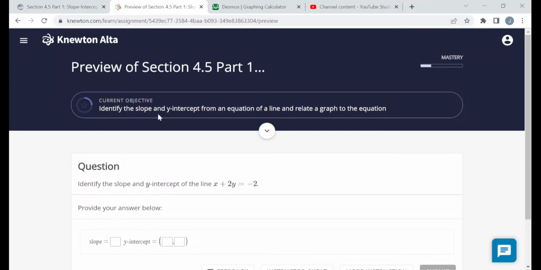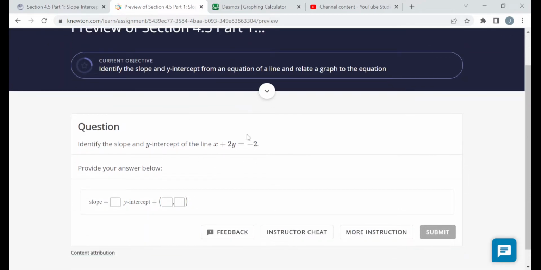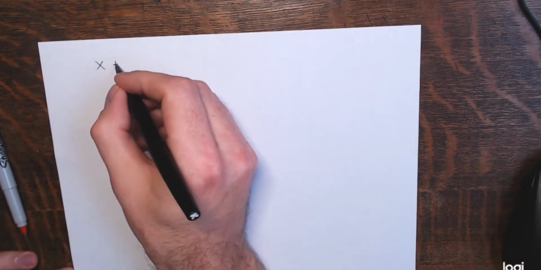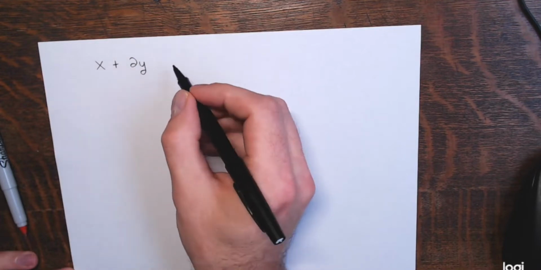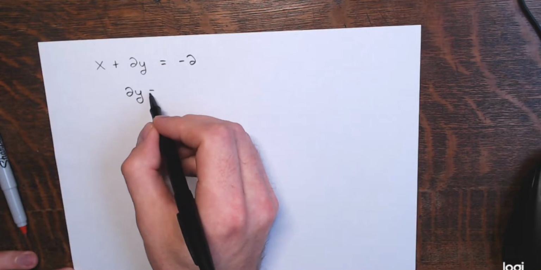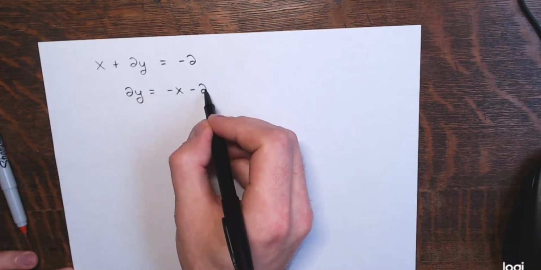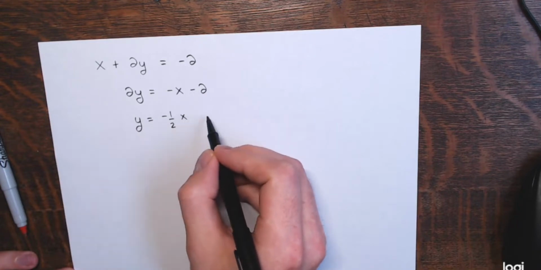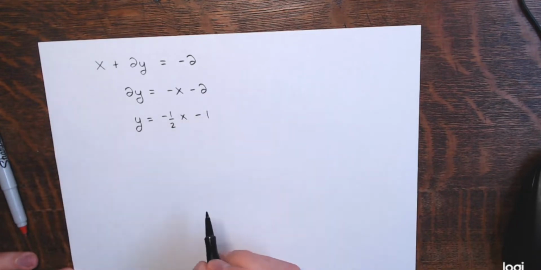Alright, so back here, identify the slope and y-intercept. So once again, I'm going to take this equation, we're going to solve for y and simplify and put it in slope-intercept form. So we have x plus 2y equals -2. Right, so 2y would be -x minus 2, and then dividing everything by 2, y would be -1/2 times x, and then -1.